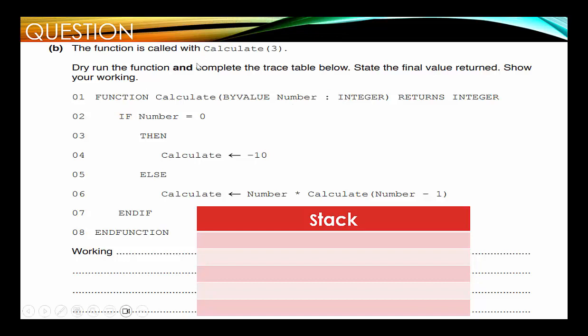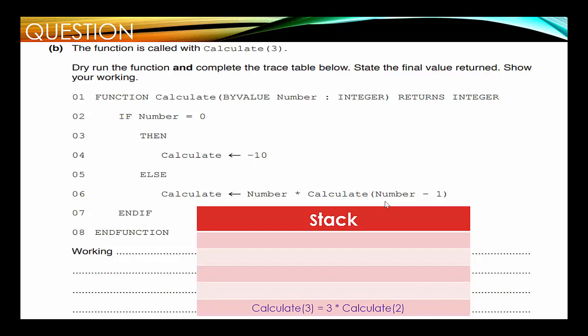So calculate(3). If number equals 0, number doesn't equal 0 because it's 3. So I skip over the then, I go to the else, calculate becomes number times calculate(number minus 1). The current number is 3, 3 minus 1 is 2. Now that it's called itself, it's going to say, we got to put calculate(3) on hold.